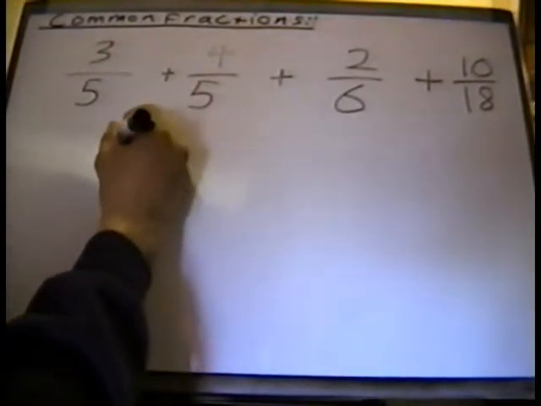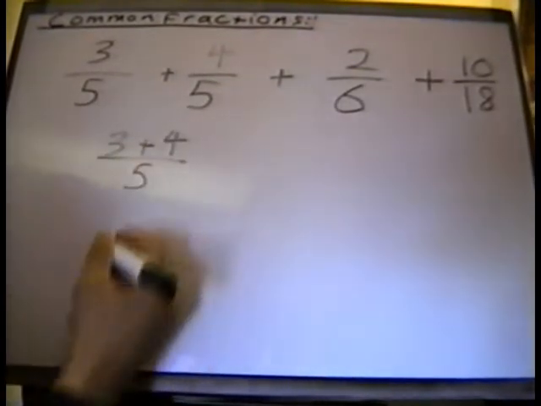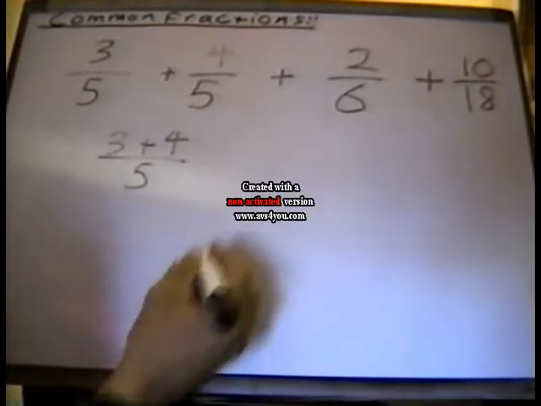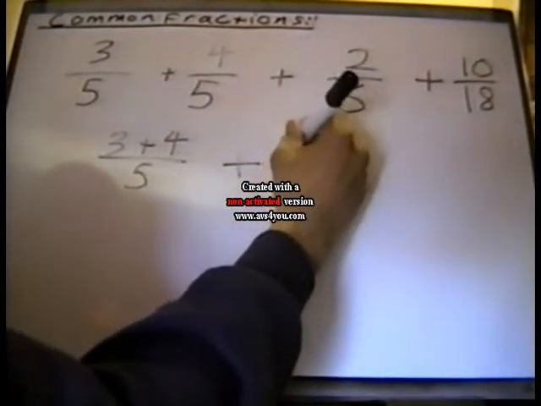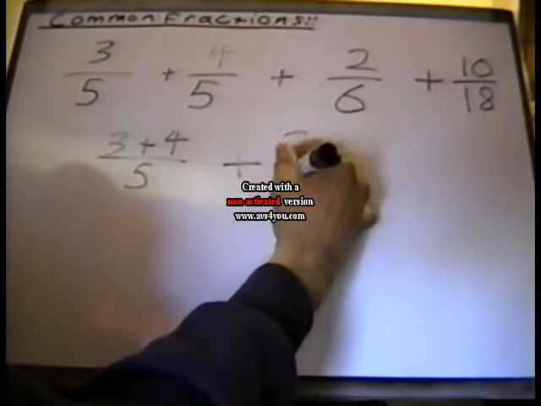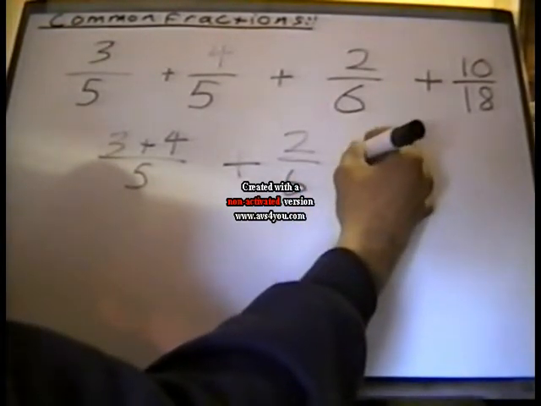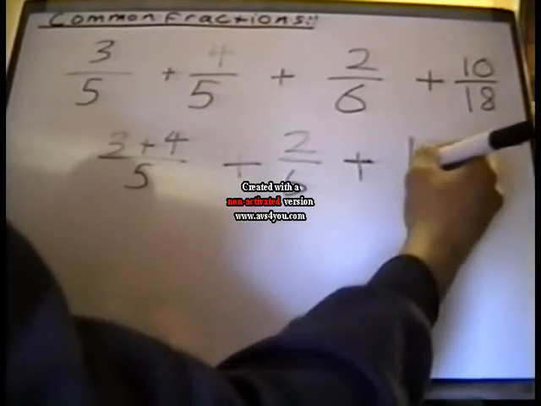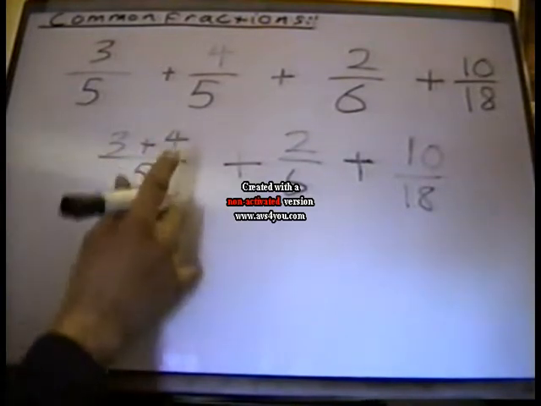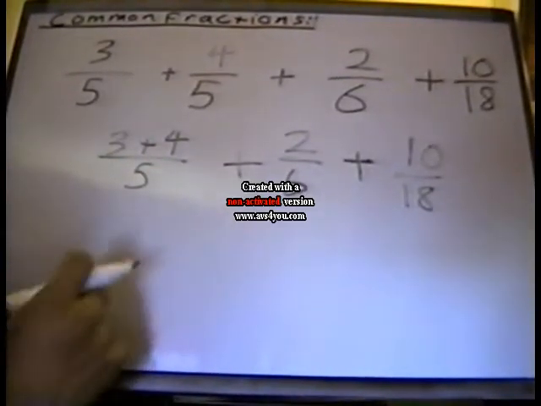That becomes 3 plus 4 over 5, plus 2/6 plus 10/18. Now that's 3 plus 4, that becomes 7/5.